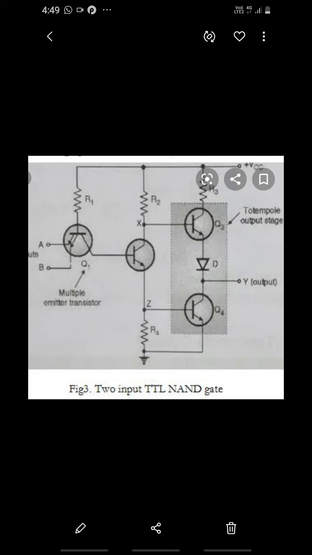Therefore, the transistor Q2 is turned on. As a result, Q4 is turned on by the transistor Q2, producing a low output which is near ground potential.